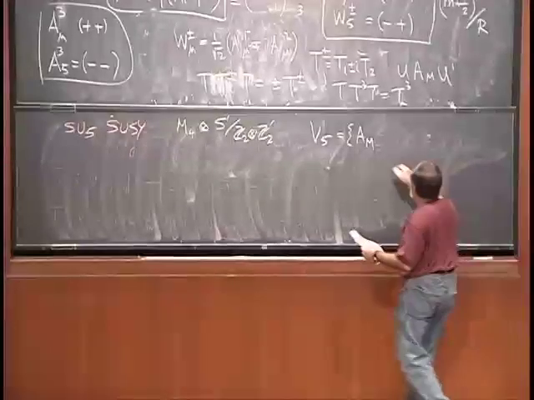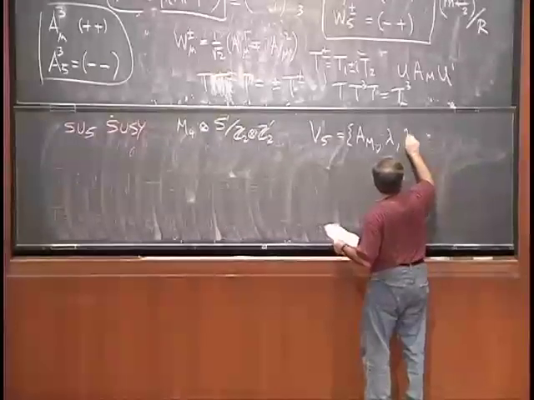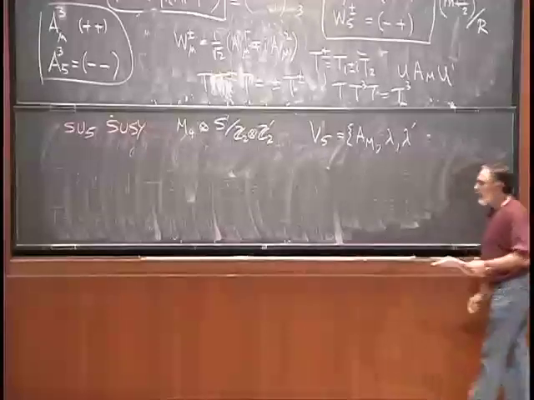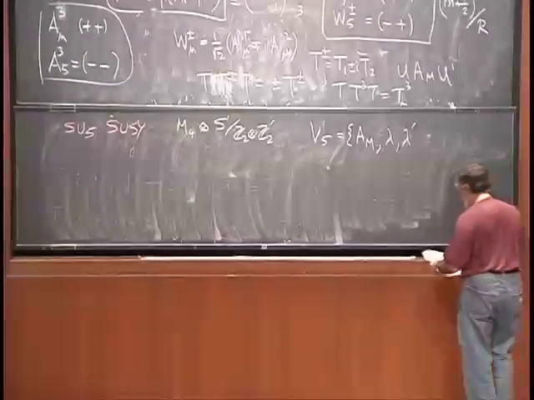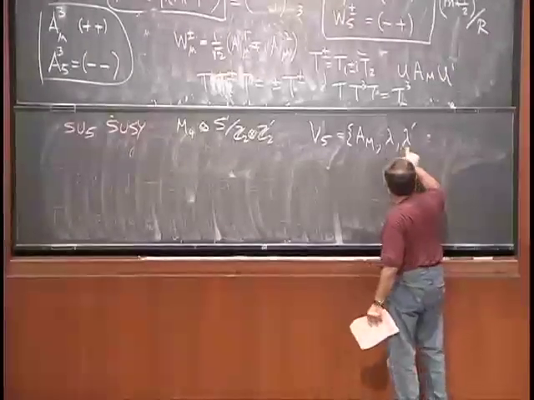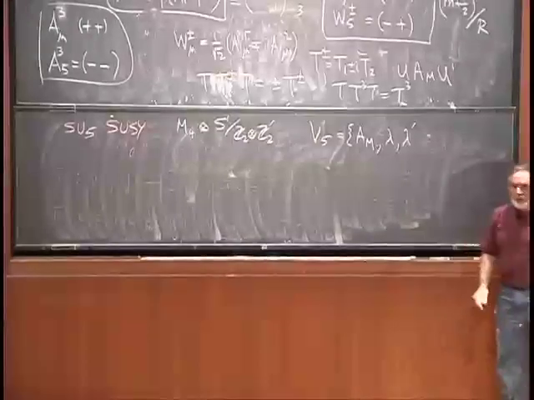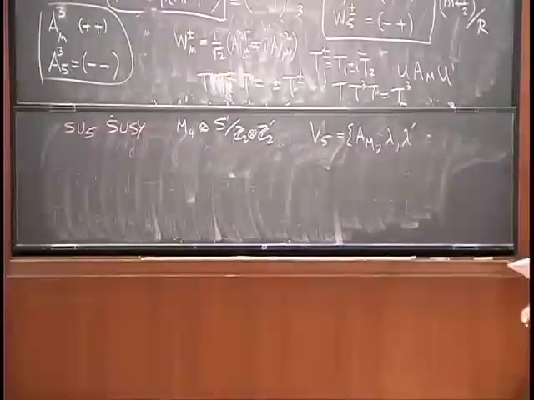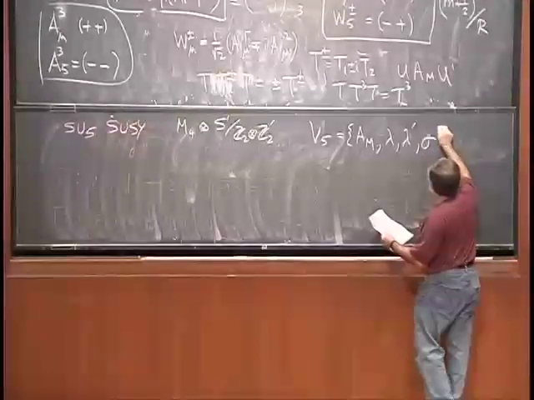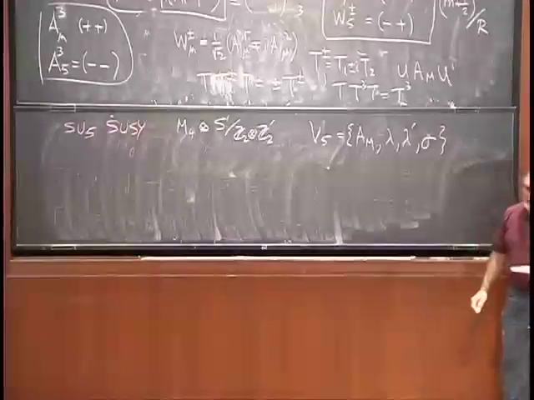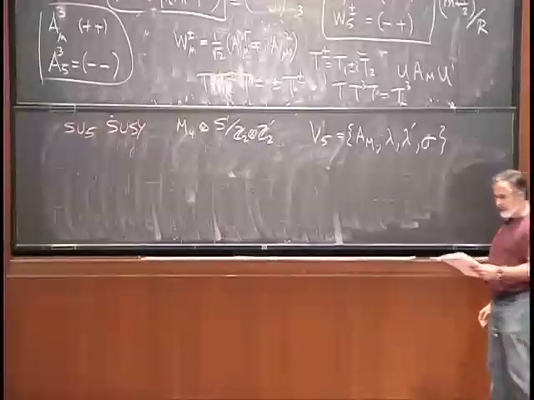It contains a lambda and a lambda prime, which are 4-component spinors, well, I'm writing it down now in terms of 2-component Weyl spinors. There are 2 Weyl spinors, which are adjoint representations of SU5, and a field sigma, which is a scalar, also in the adjoint representation of SU5.